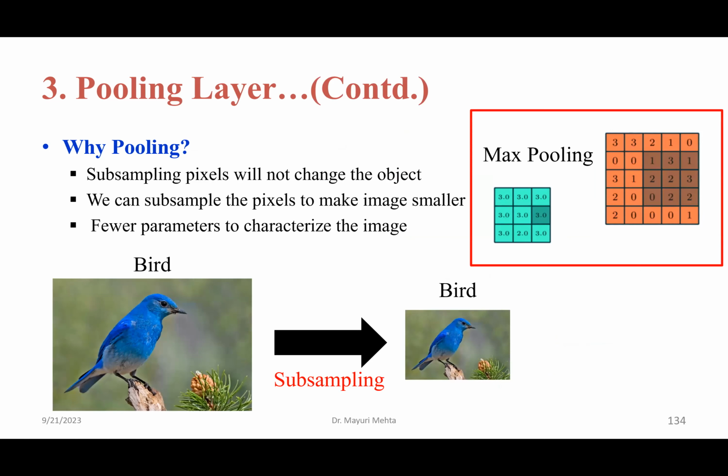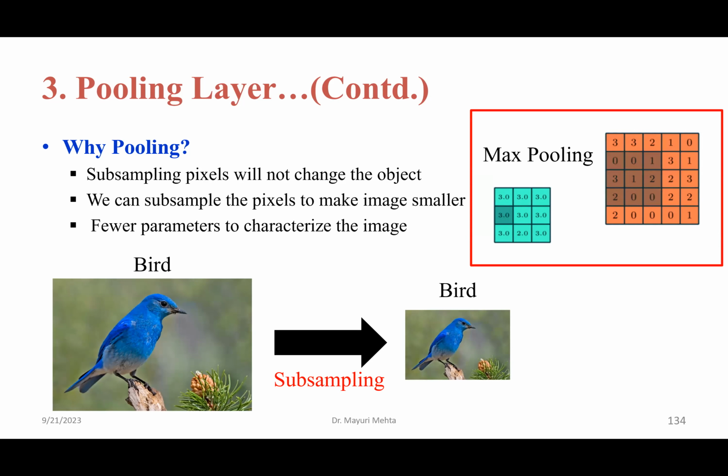So if you remember, we discussed what the pooling layer does. It also further reduces the size of the image. It downsamples your image. You can see in this figure the original image of a bird. And after subsampling, the image is reduced in size, but the features are still preserved, right? So there won't be any loss of information when the image is passed through this pooling layer.